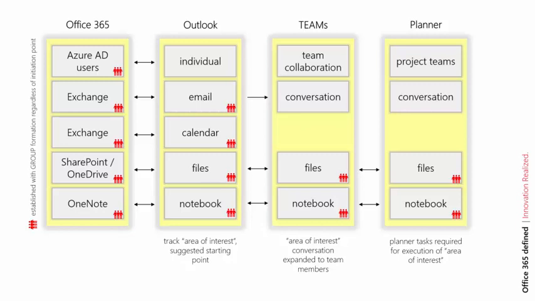So if I started in Outlook as just a prospect and I created a group and now I'm emailing that group and I'm saving my email, and by the way, if there's an attachment, it's automatically ending up in the Files tool, and I got a notebook if I'm meeting with them or sharing my notes with other people, and then they become a partner that we're interested in engaging with.